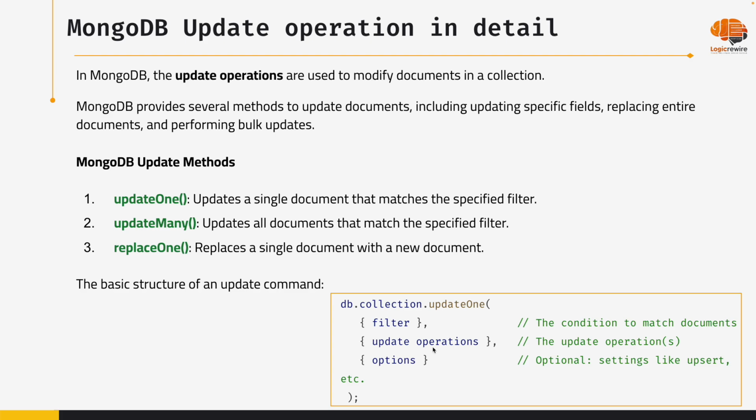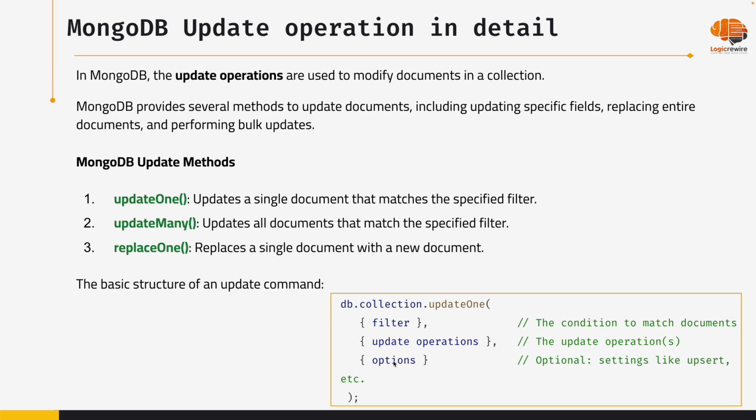Let's suppose based on product name, I want to update price and description. Two things I want to update. So in the first parameter I'll write the product name, and in the second parameter we write the update. So I want to update price and description. So that too we'll write here. And third we are going to skip.